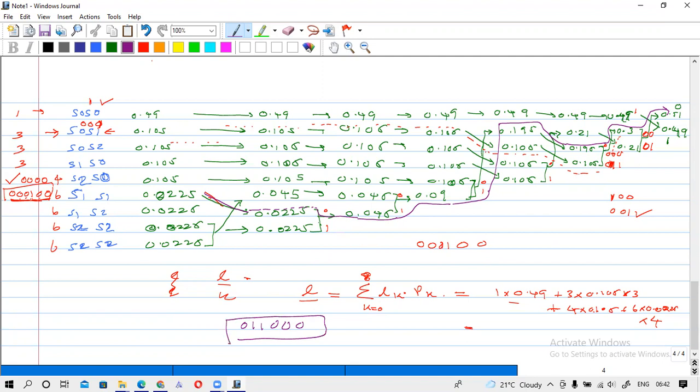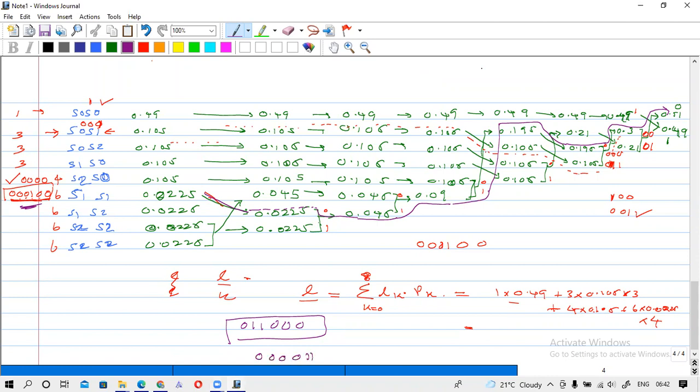No, this one is wrong actually. This one is okay. 0 0 again it is wrong. No, you have to write in other way. So you have to write in this way, 0 0 0 0 1 1.